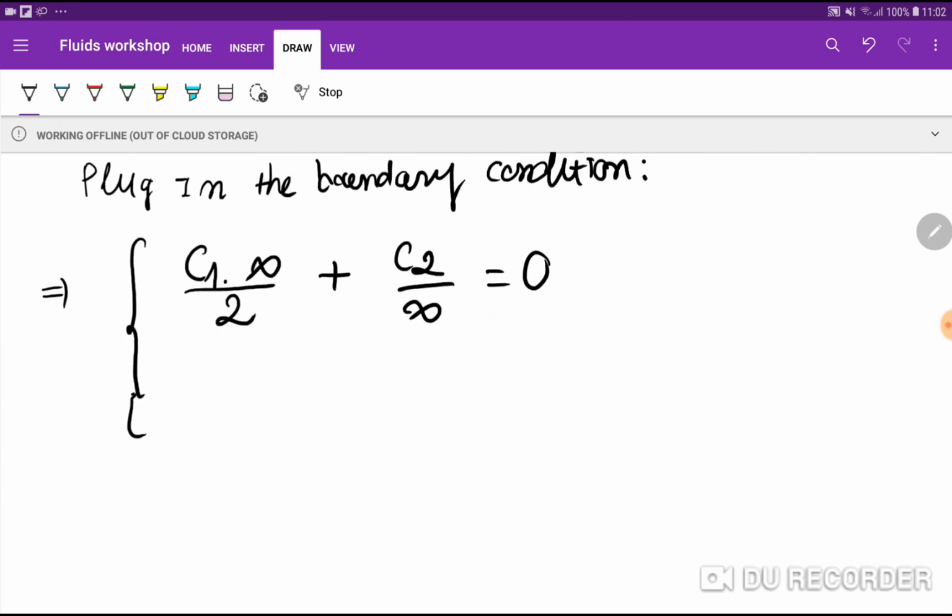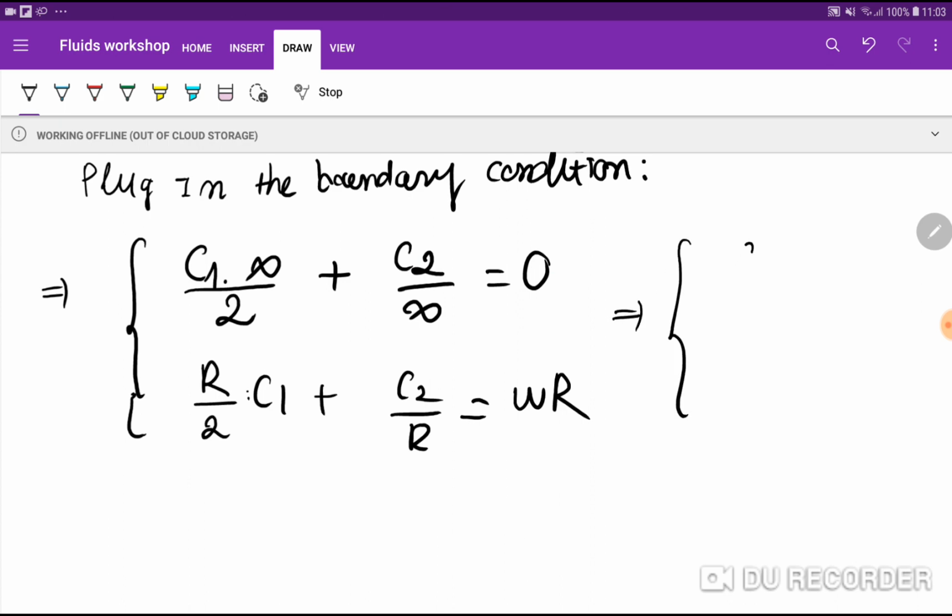What does it mean? It means that r over 2 times c1 plus c2 over r equal omega times r. Okay, let's solve for c1 and c2. So you know that c2 over infinity is 0 already, so all you have left is c1 times infinity over 2 equals 0. Okay, and this equation right here, I'm gonna rewrite it.